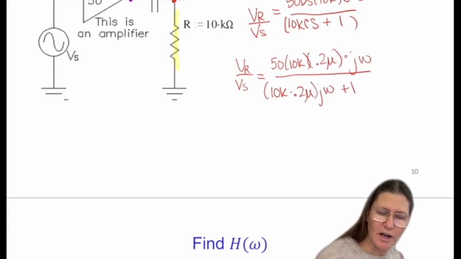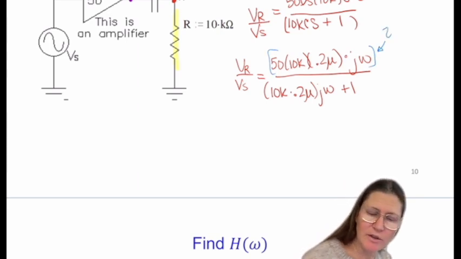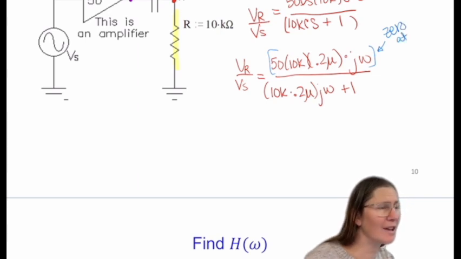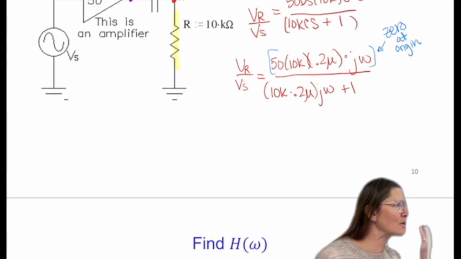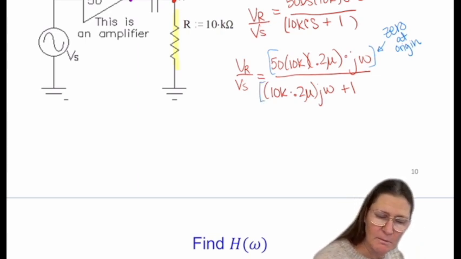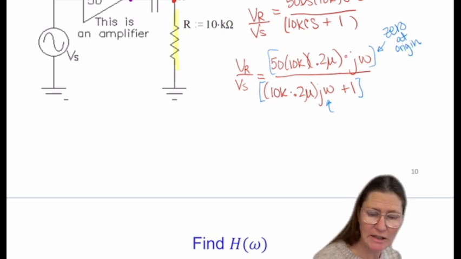So what does this top information tell me? 0. Okay, so I have a 0 at what? At 0, correct. I call that the origin, so 0 at origin or 0 at 0. What does this tell me? Correct.